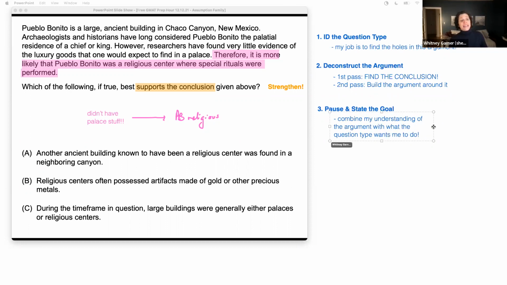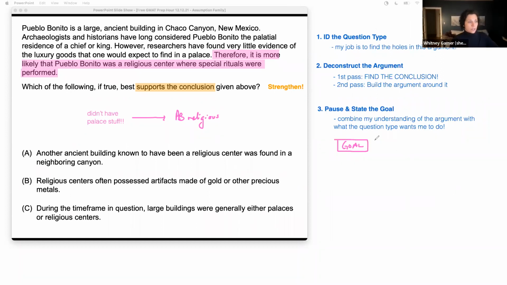So this is a strengthen, right? And so what it wants me to do is to show that, yeah, this place probably is a religious center. So here's where I might jot this down on my paper. I would say something like my goal, or however I want to circle it or highlight it.